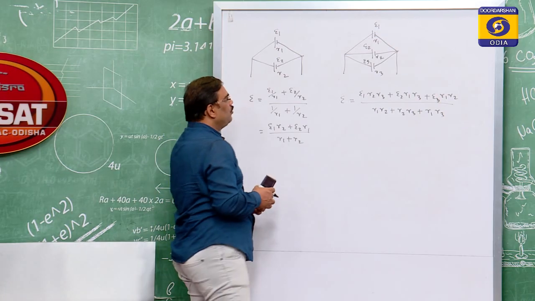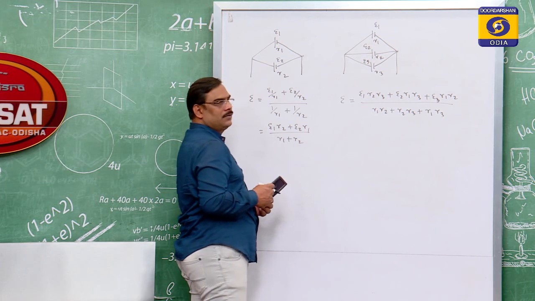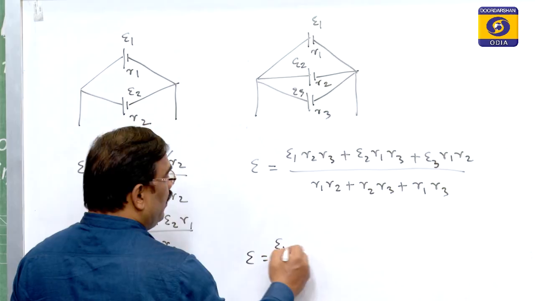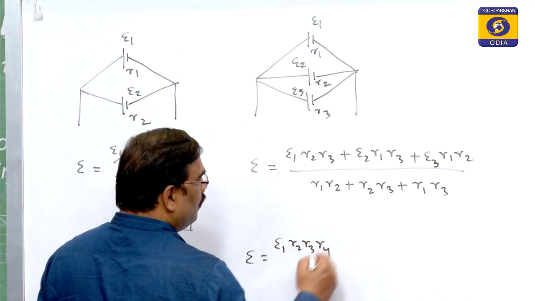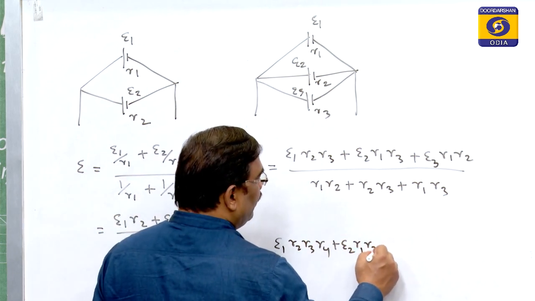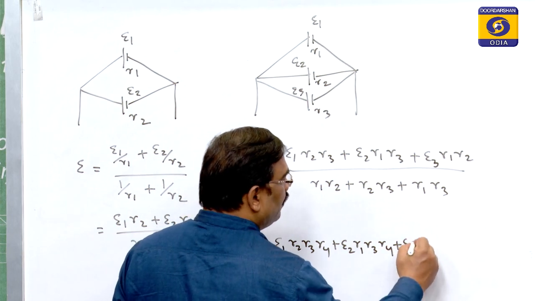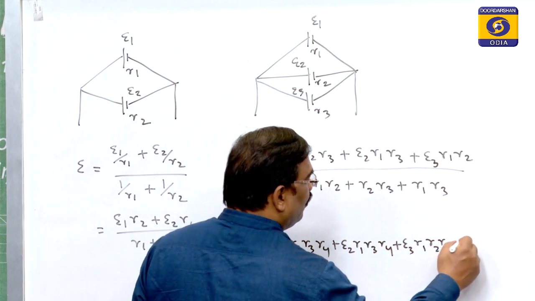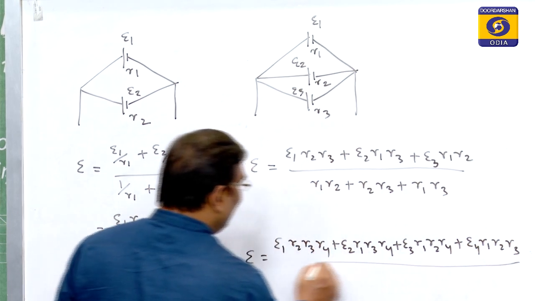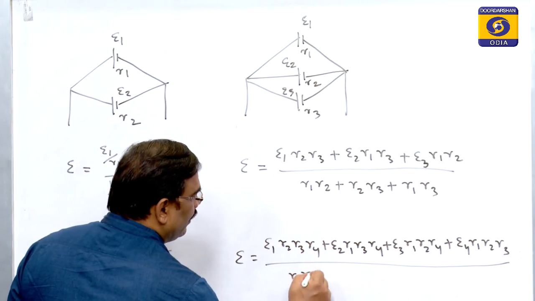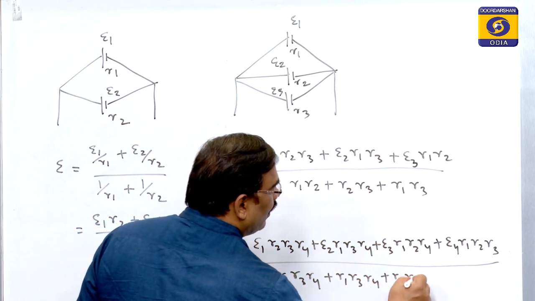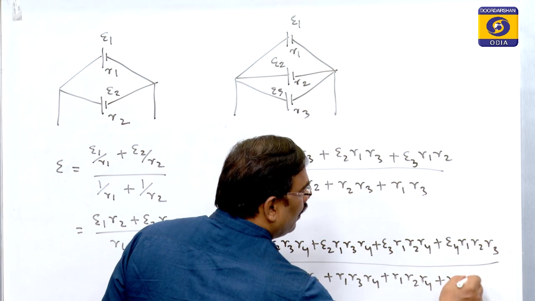And similarly, suppose there are 4 cells. If there are 4 cells, then obviously E will be equal to E1 R2 R3 R4 plus E2 R1 R3 R4 plus E3 R1 R2 R4 plus E4 R1 R2 R3 divided by the same one: R2 R3 R4 plus R1 R3 R4 plus R1 R2 R4 plus R1 R2 R3.